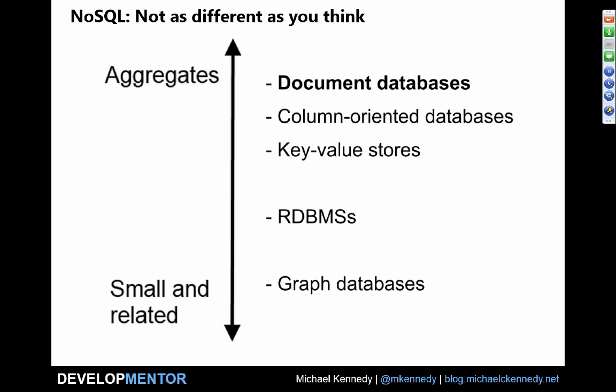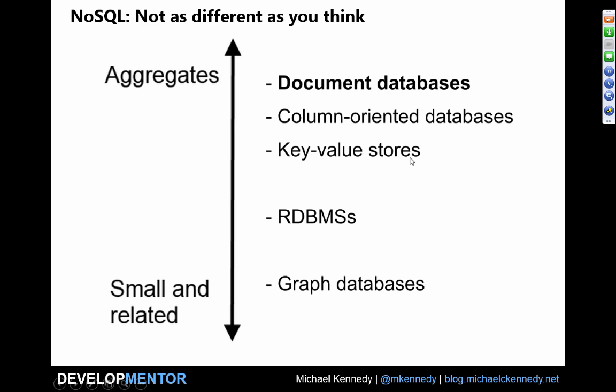So maybe you've got a customer, and a customer has some orders, and the orders have the order items in them. Right? That might be one record in any of these top three types of databases. But in a relational database, you would break it into smaller pieces. You would break it into separate tables, two or three tables at least. In a graph database, you break things into even smaller pieces. Right? So you'll see that it's actually the aggregates here that make this horizontal scaling super easy and make the programming model simpler to boot.